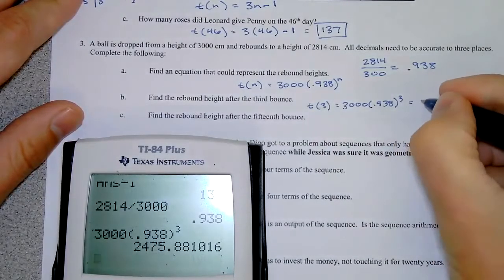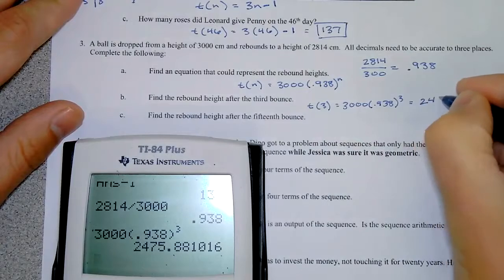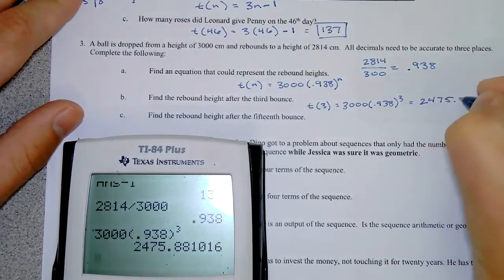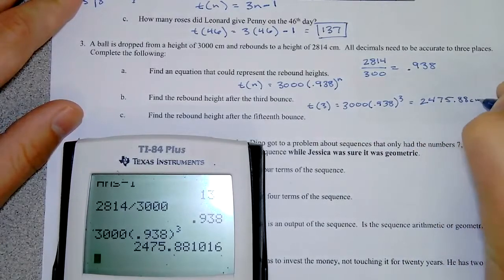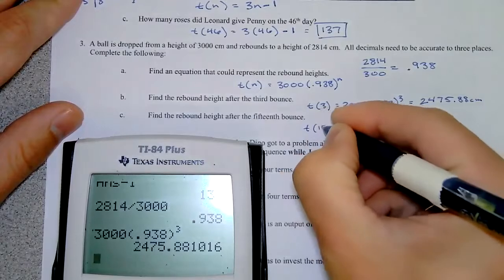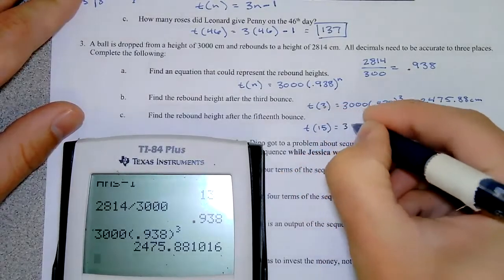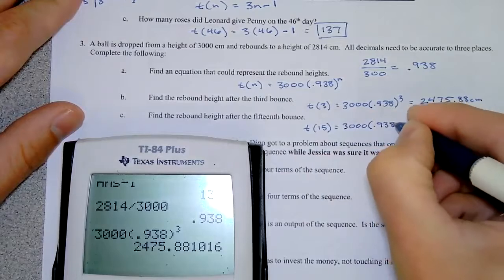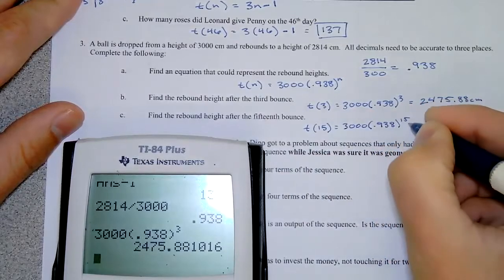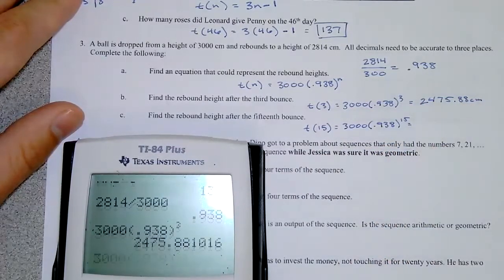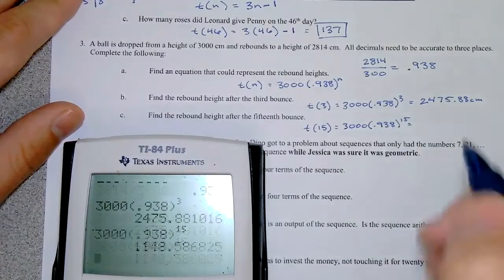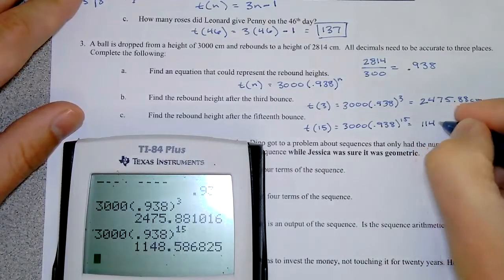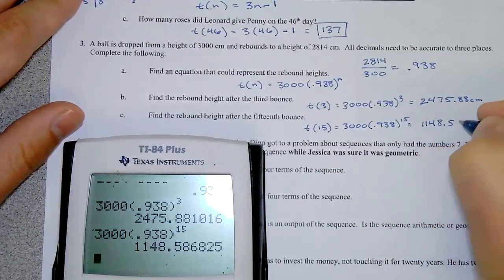So the third bounce should be about 2,475.88 centimeters. Do the same thing for the 15th bounce: 1,148.59 centimeters.